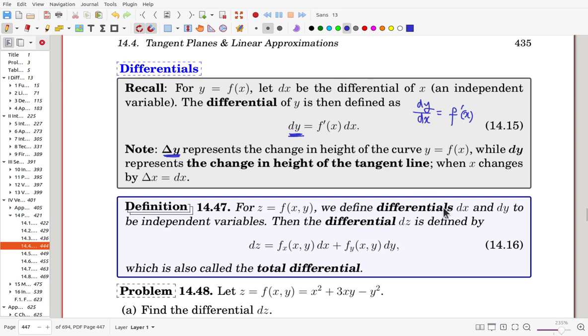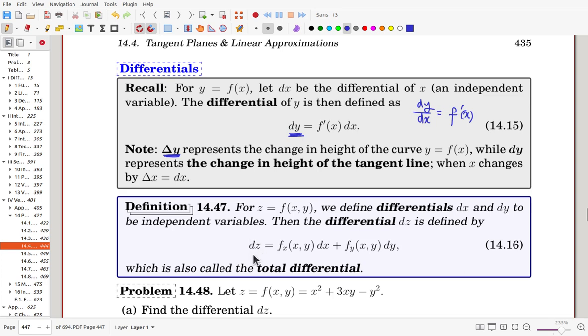We define differentials dx and dy, which of course are independent variables. Now, we define the differential dz as the dependent variable in this way. dz is f sub x dx plus f sub y dy. Sometimes we call this the total differential.